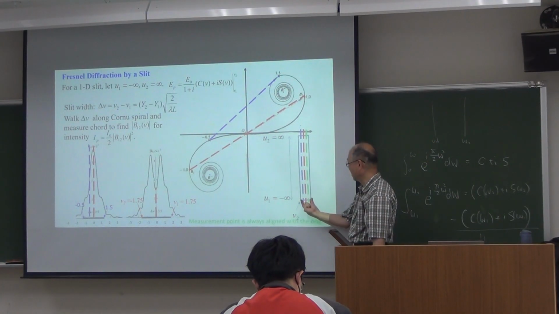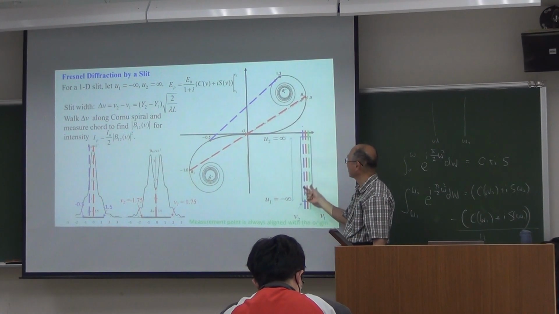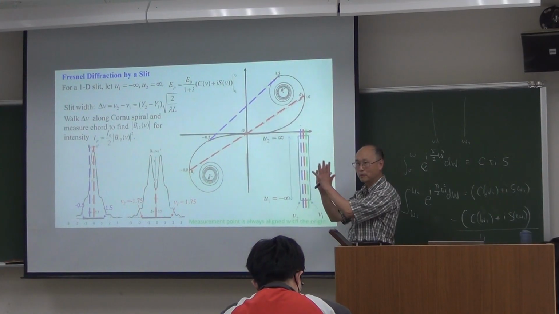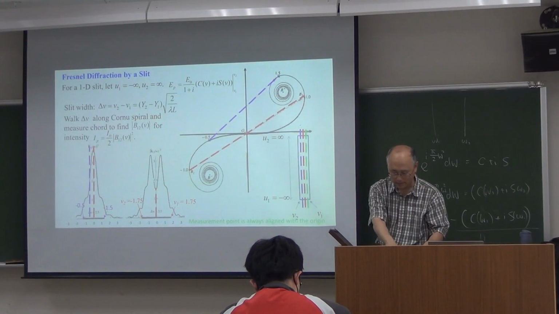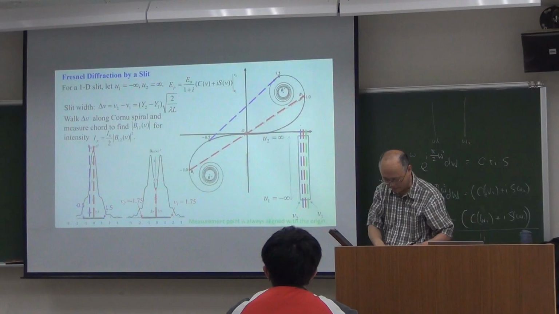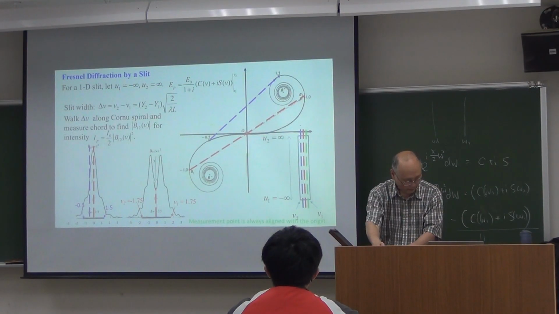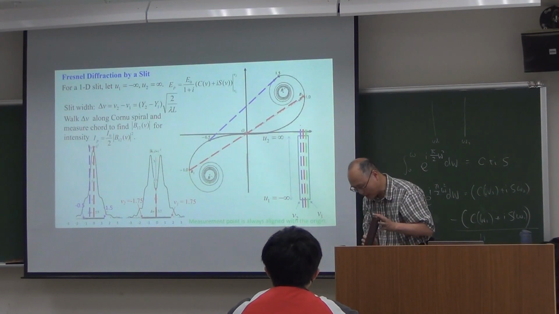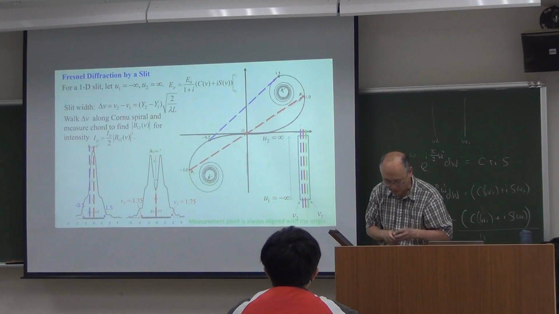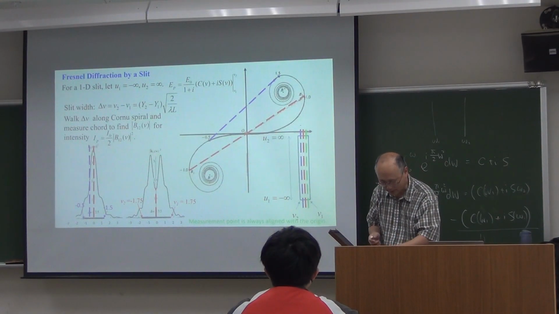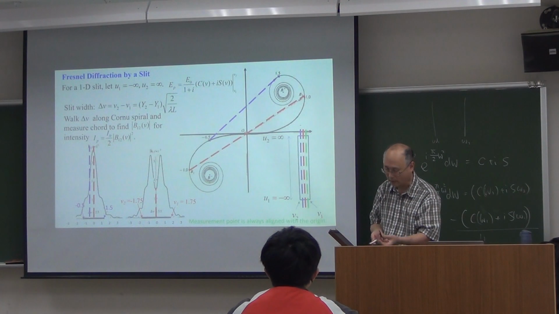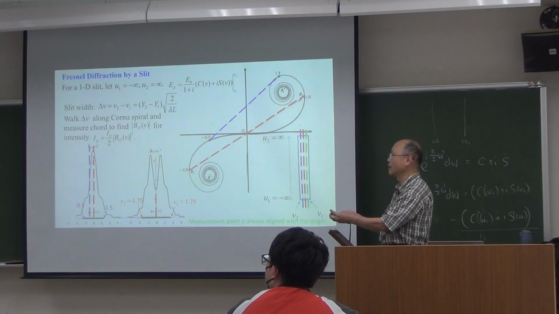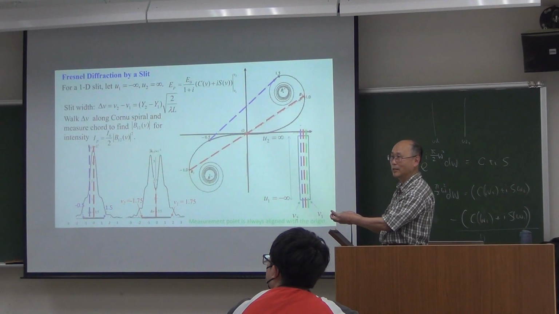If I have a slit like this, this is the right opening of the slit. Again, in the far field. Far field diffraction is like this for a grating.